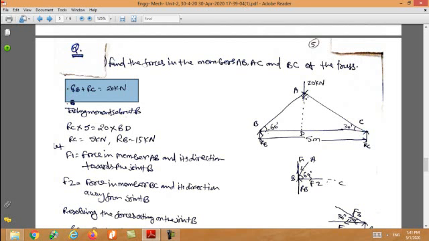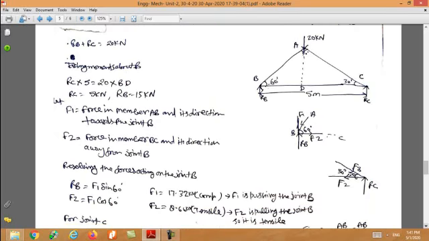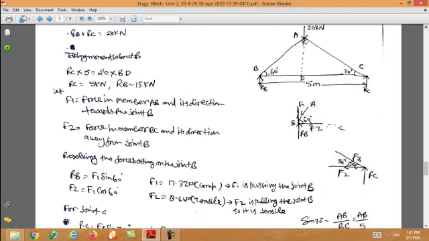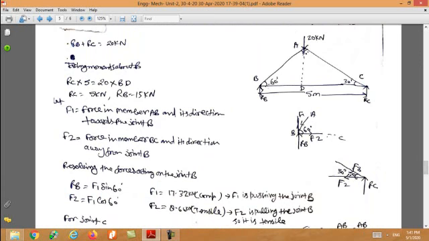So RB plus RC is equal to 20 kilonewtons, and taking moments of all loads about B: RC into 5 and 20 into BD. You can calculate BD. How can you calculate the BD? Because it is a right angle triangle, first calculate the AB. It is 60, 30 degree.